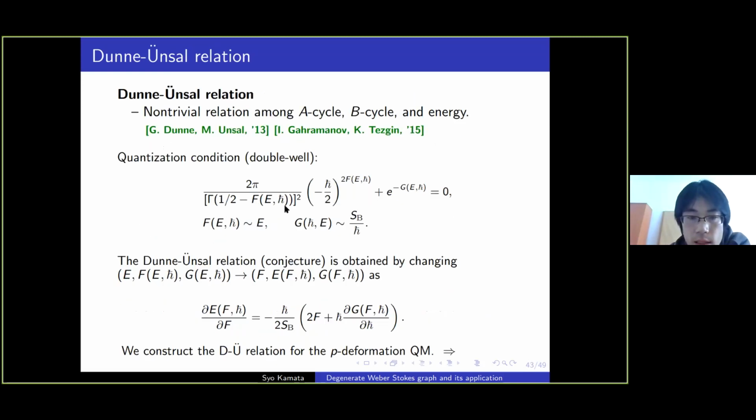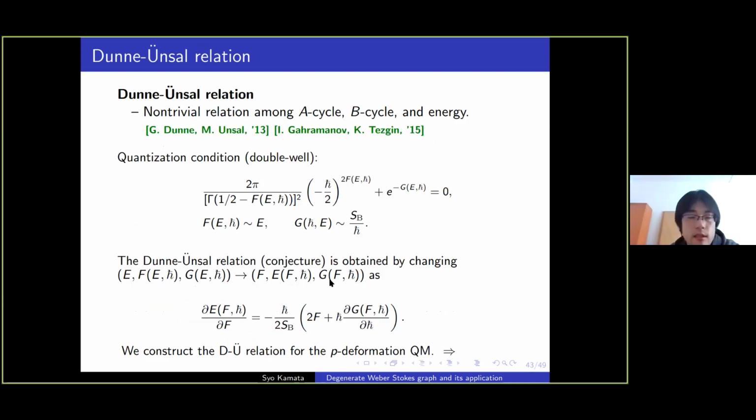Okay, but now let us change the independent variable using f. Originally this f was a function of E, but now by using f as the fundamental variable, E is a function of f, and also this G is a function of f.